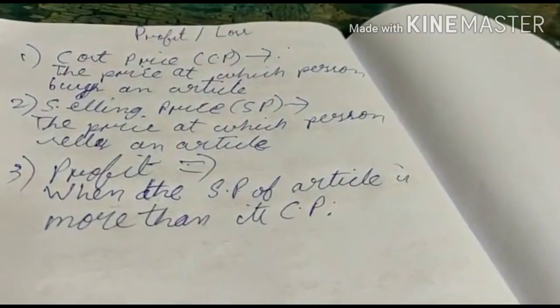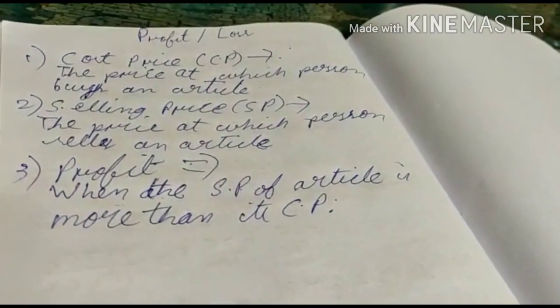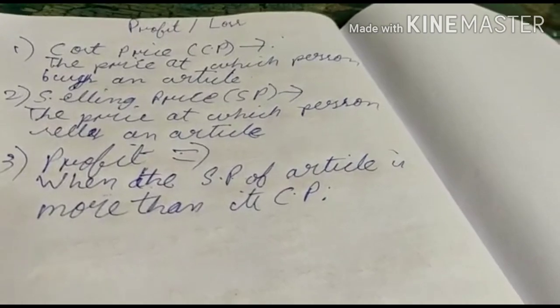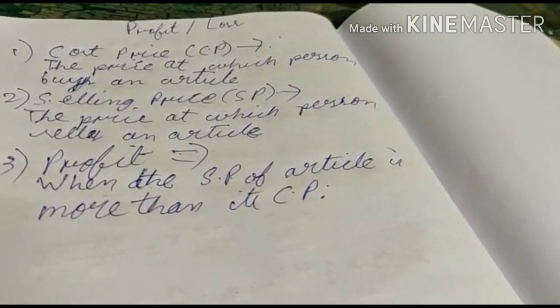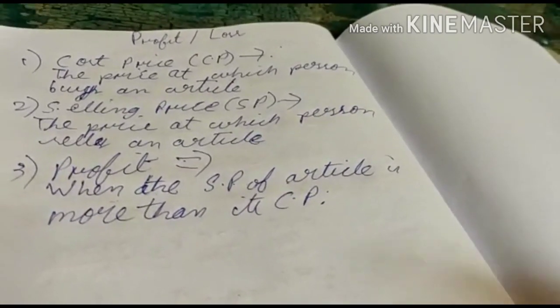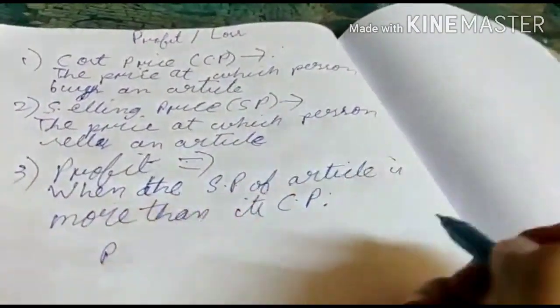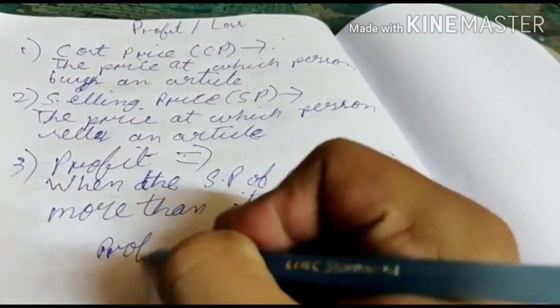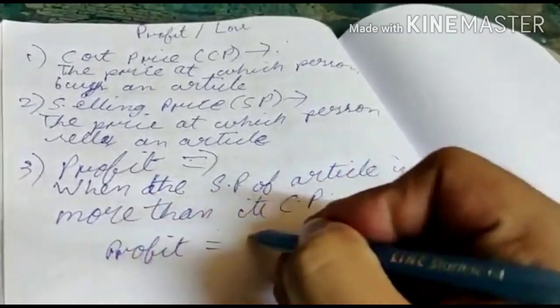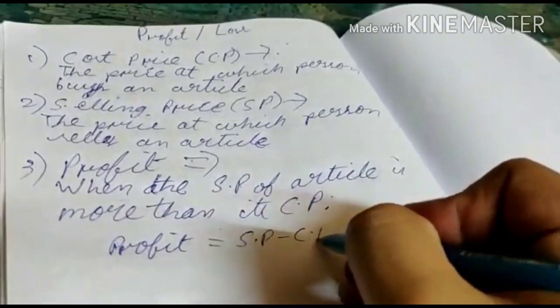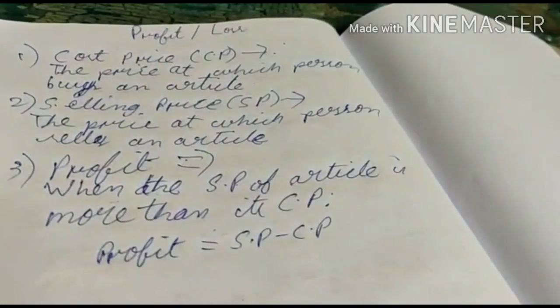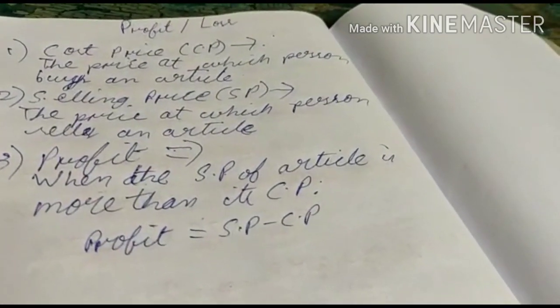Like you bought a pen for ₹4 and you sold it for ₹5. So 5 is SP, the selling price is more than the cost price. That means the profit you got was SP minus CP. In that question you got your profit as ₹1.